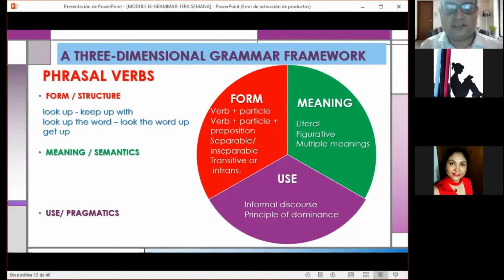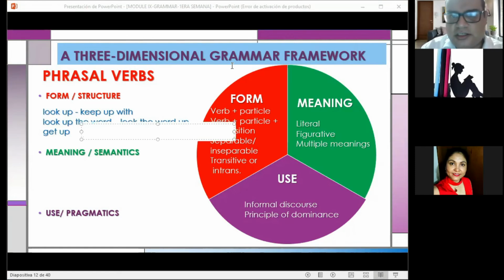There is a difference. So I'm going to write here the sentence in order to notice the difference, if you're using a preposition or you're using a particle in a phrasal verb. I'm looking up the sky.